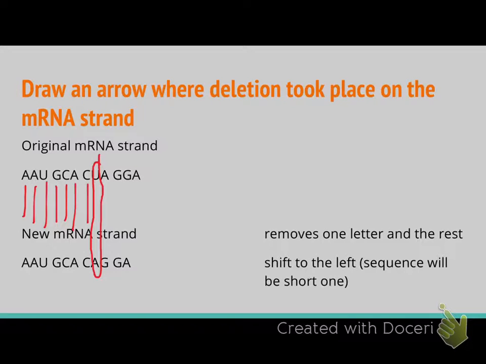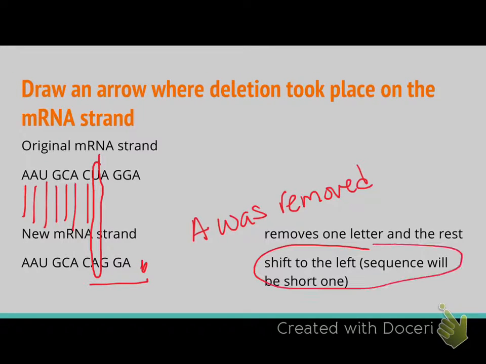And so now this sequence will be one letter short. There should be another letter here, and there's not. Alright, so that's deletion. It shifts everything over to the left, and it's going to be one letter short.